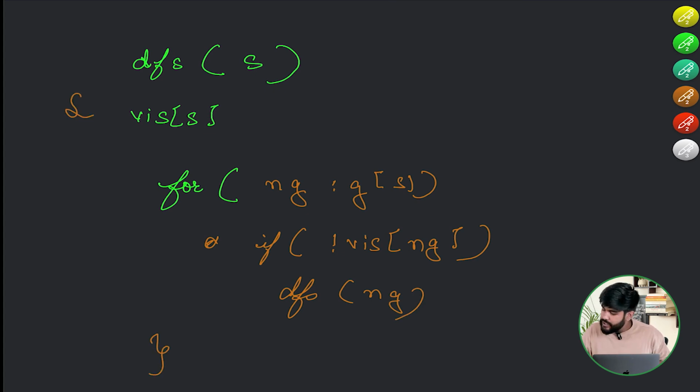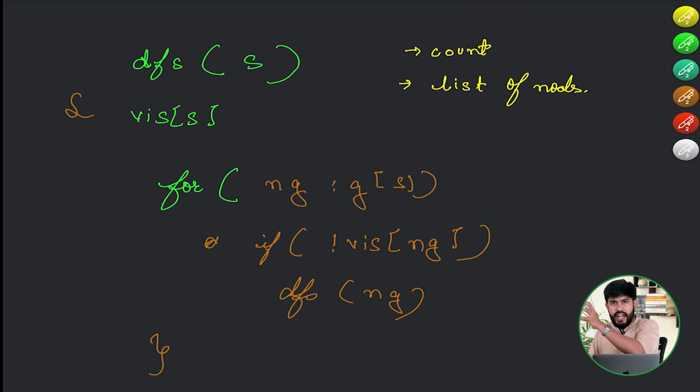What changes do I need? The changes required are the count of the number of nodes that is done through DFS and all the nodes that I am visiting, and the list of nodes. So if we want to count and list out all the nodes, every node would come as a parameter here.